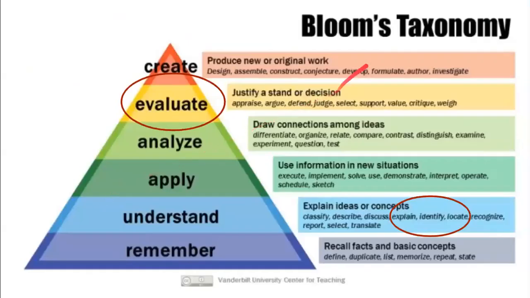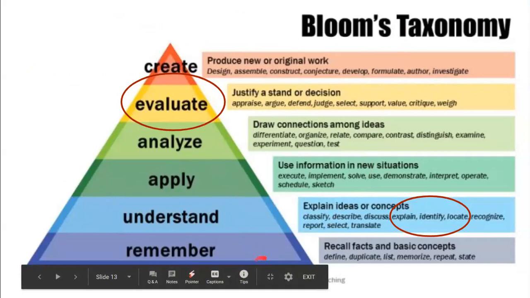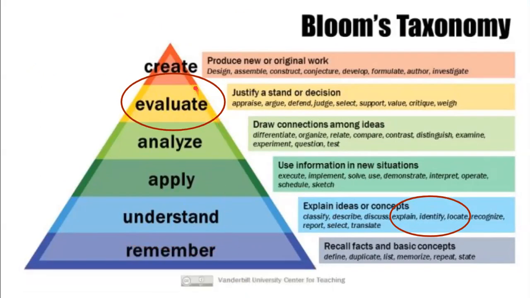Then we go over here to Bloom's taxonomy, which references the levels of thinking, the higher level thinking skills. You can see the base of the pyramid are the lowest level thinking skills that go all the way up to the top, the highest levels of thinking skills.